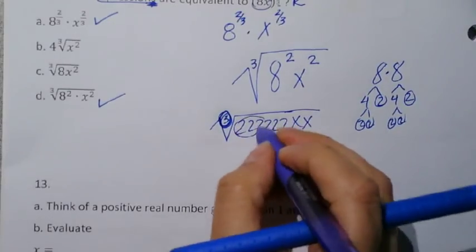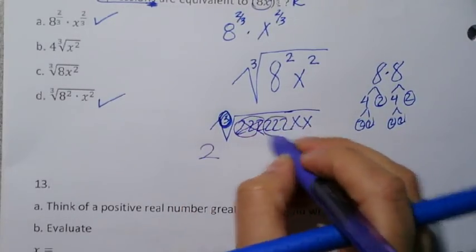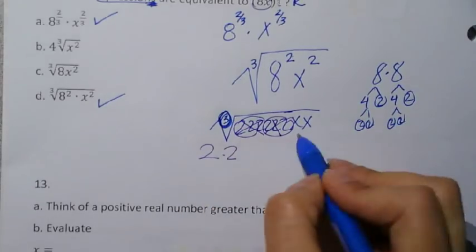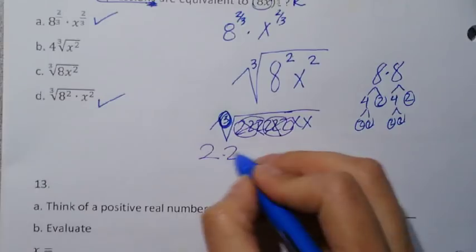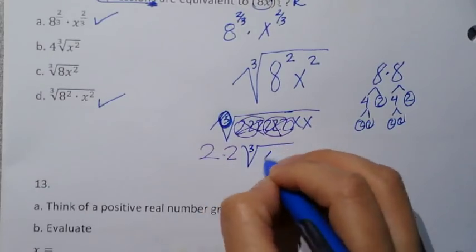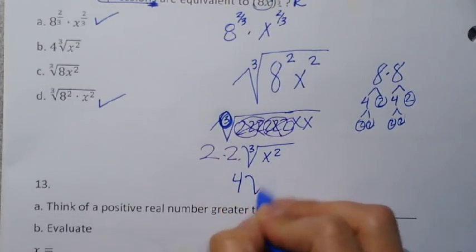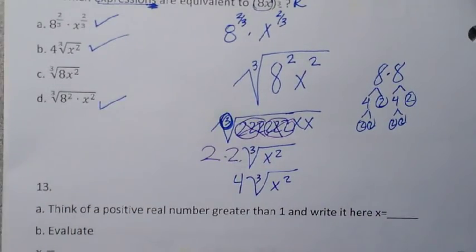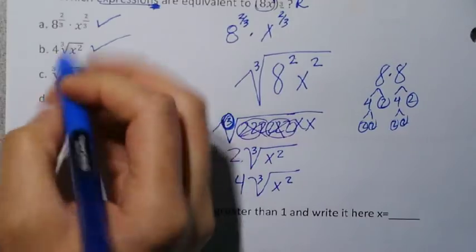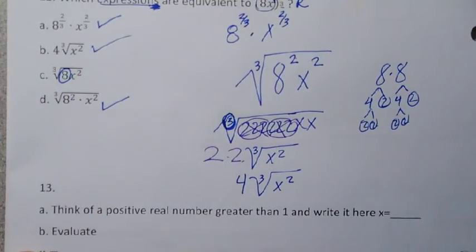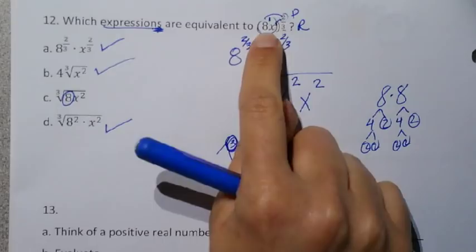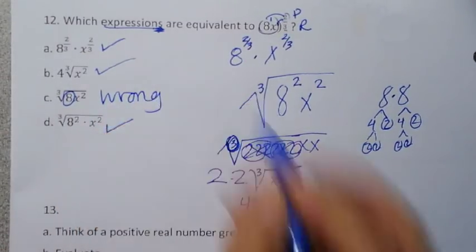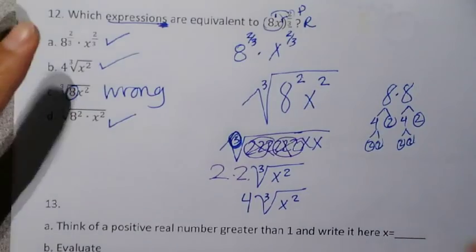So here's 1, 2 in, 1 out, 2 in, 1 out. And then those will make a triplet, so I'll just have 2 x's left over. 2 times 2 is 4. So that one looks like that. What this one is missing is that they forgot to give the power of 2 to the 8. And that power also goes to the 8 and the x. So that's what C is wrong, because they forgot to give the power to the 8.